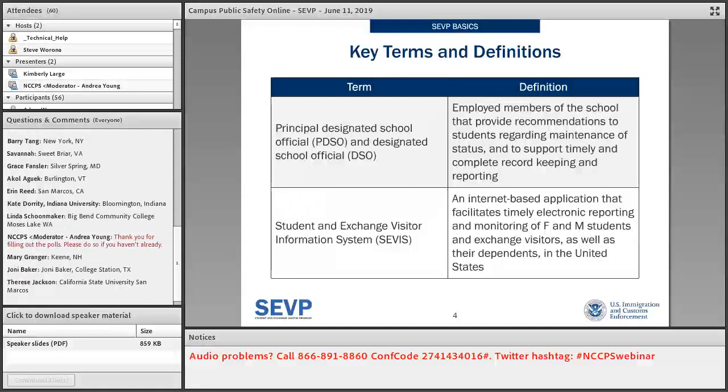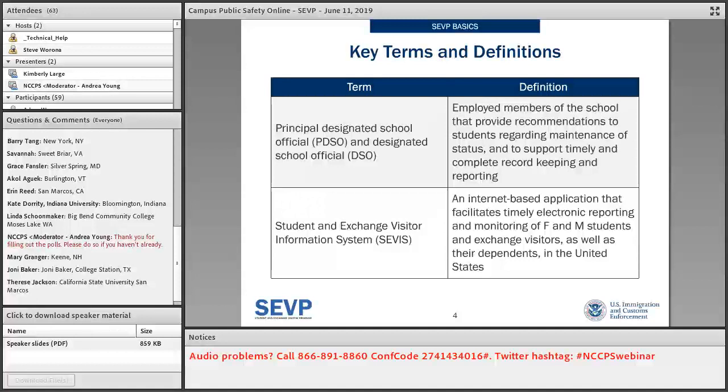They are the primary contact for international students, both F1 and M1 students, and also the primary contact for us over here at SEVP. The main difference between the PDSO and the DSO is that the PDSO would also handle certification of the school and recertification of the school, which is a regulatory requirement every 2 years.